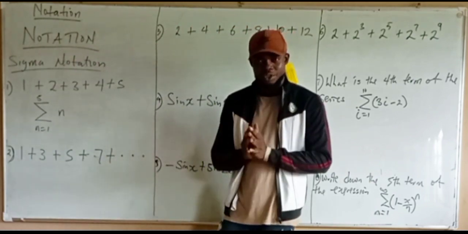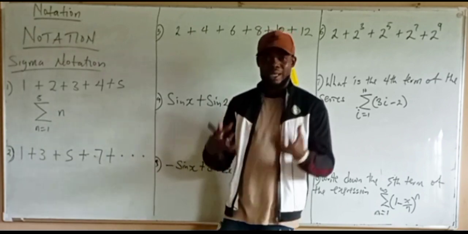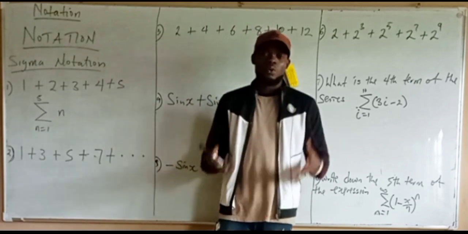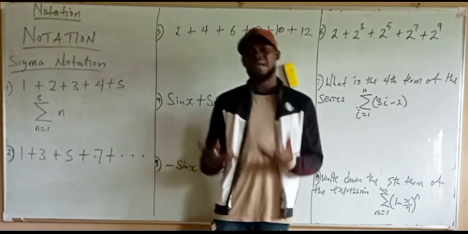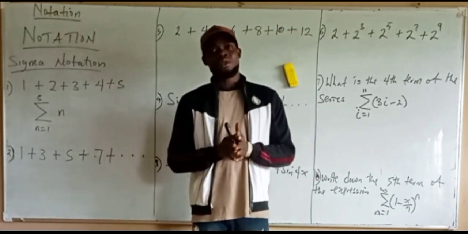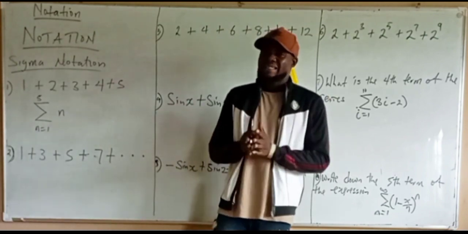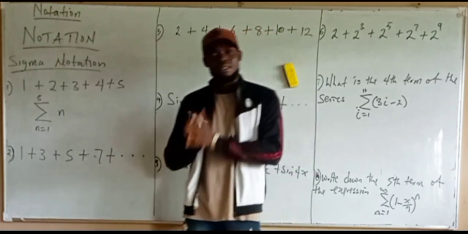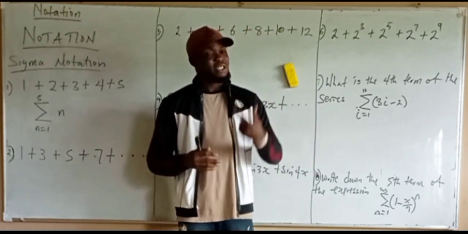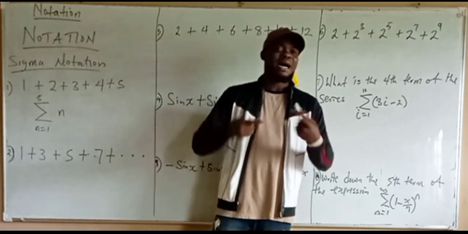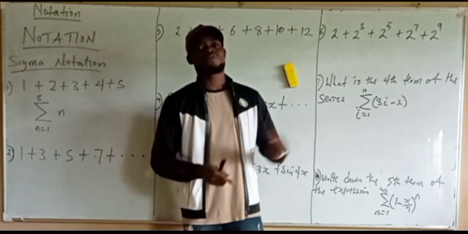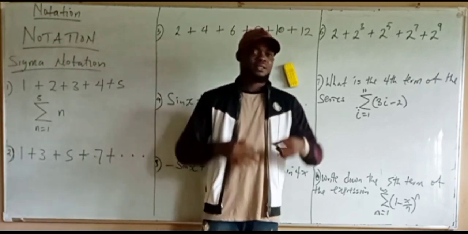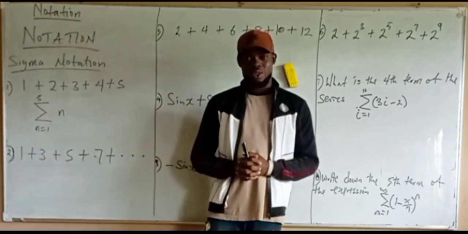Sigma notation is a type of notation used when adding items, data, or numbers together. So when we are talking about addition, that brings us into sigma notation. Sigma notation is another name for addition notation, that is, notation used for adding data or adding numbers together.